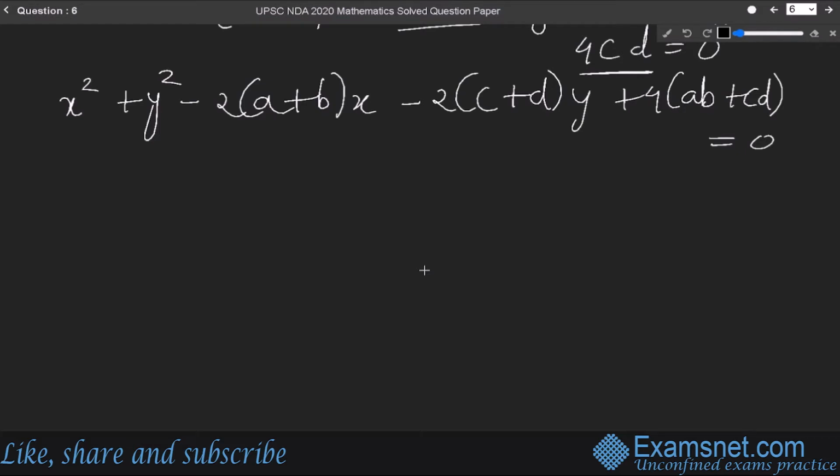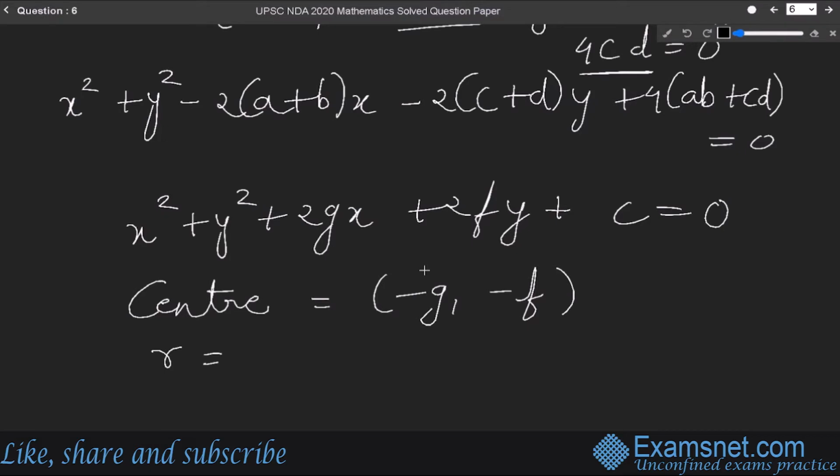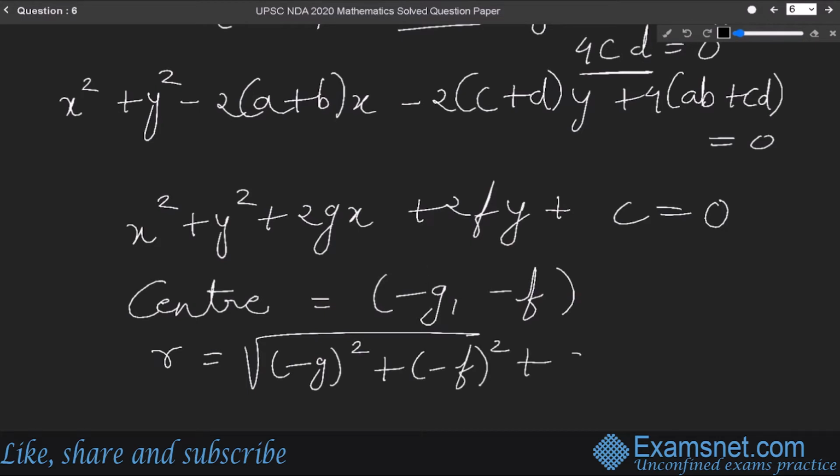The general equation of circle is x square plus y square plus 2gx plus 2fy plus c is equals to 0. For this general equation of circle, center will be equals to minus g comma minus f, and radius will be equals to under root of g square plus f square minus c.